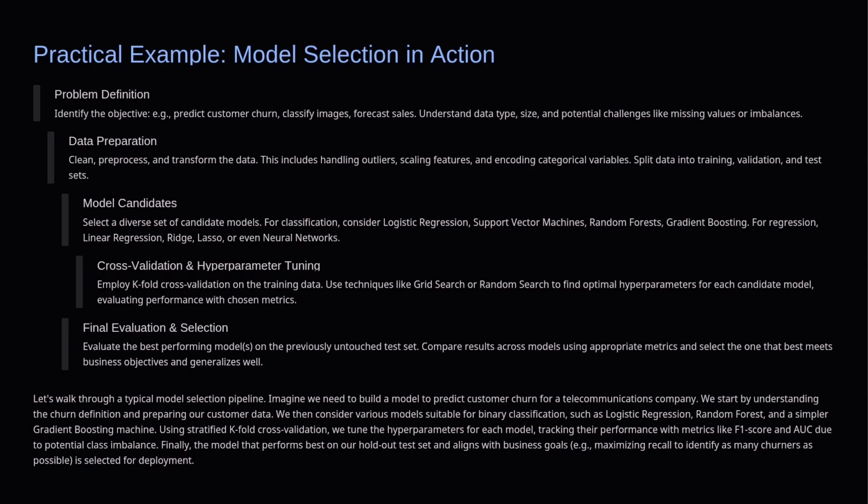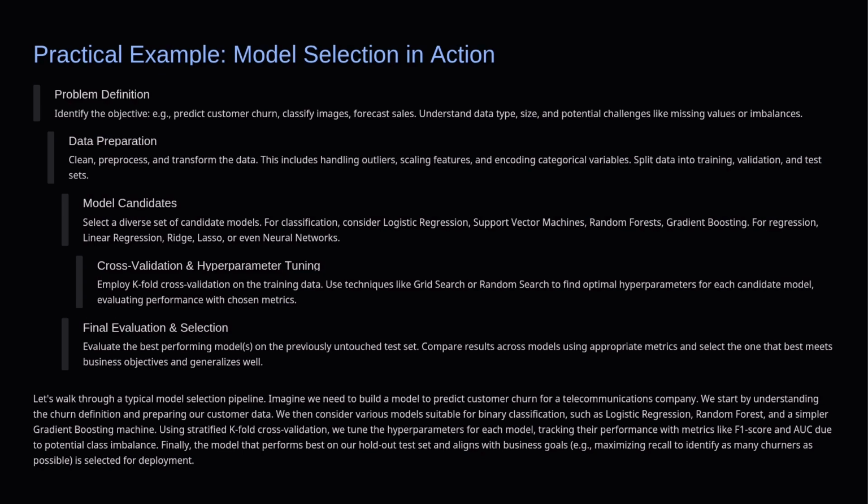Now, I am going to provide a practical example. So, let's tie everything together with a real world example: predicting customer churn. Step 1, we define the problem and identify data challenges like missing values or class imbalance. Step 2, we clean and pre-process the data. Step 3, we shortlist models, say logistic regression, random forest and gradient boosting.